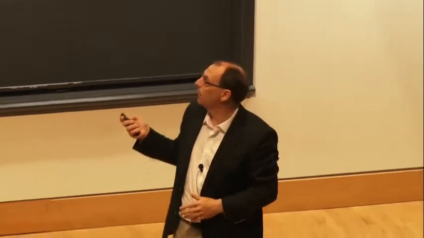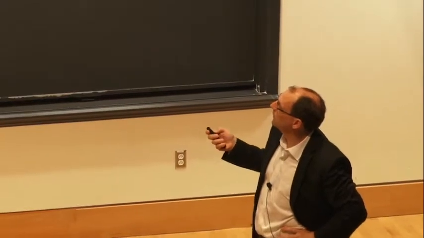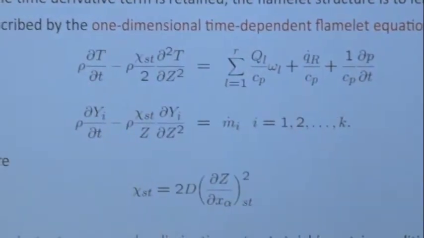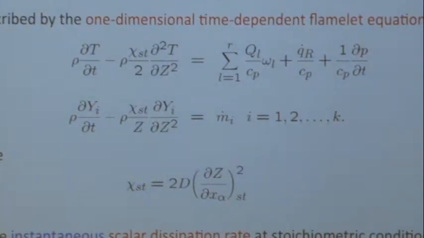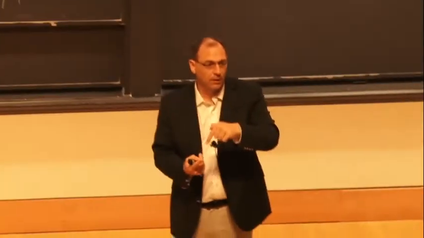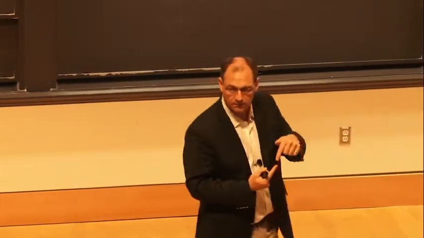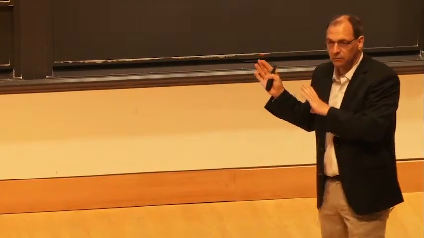Okay, so these equations describe a very similar thing as the equations we had earlier for the counterflow flame. Only that for the counterflow flame, from the beginning we said we look at a one-dimensional system, and here we didn't say that. We said this is a full three-dimensional flame, whatever turbulent flame.